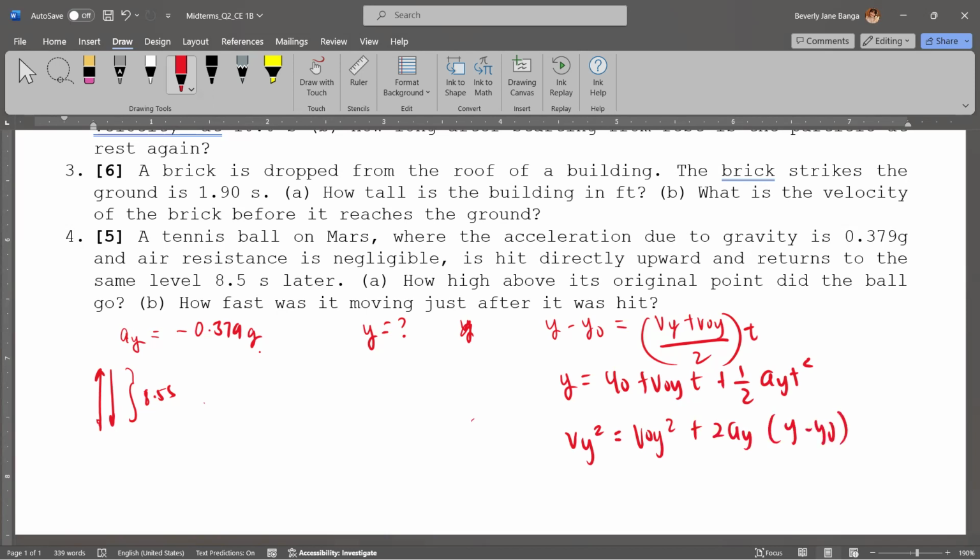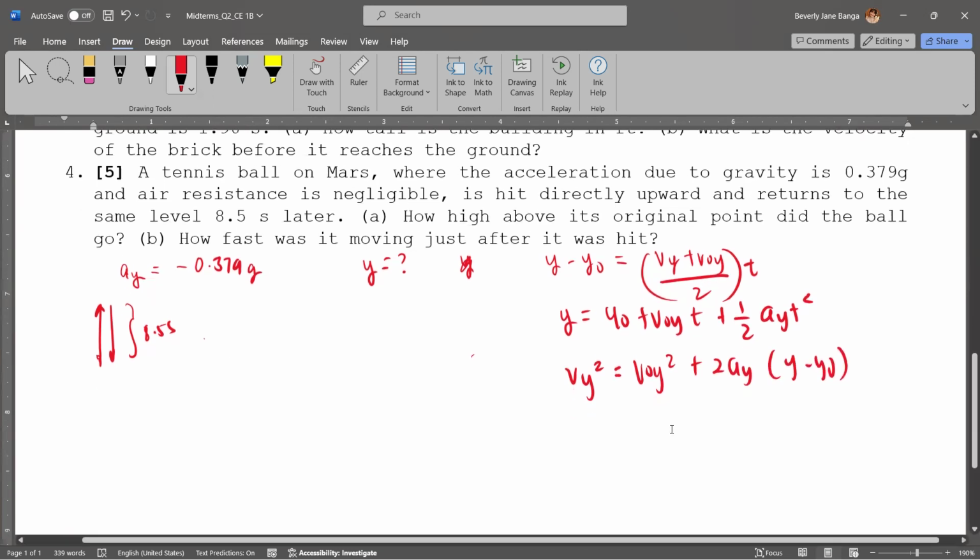So, paano ba to? Least of our option would be vy squared kasi wala naman siyang time, no? May time na binigay sa atin dito. So, maybe we can still use the time, no? Pero, yeah, we'll see, no? Kung paano natin siya i-work.